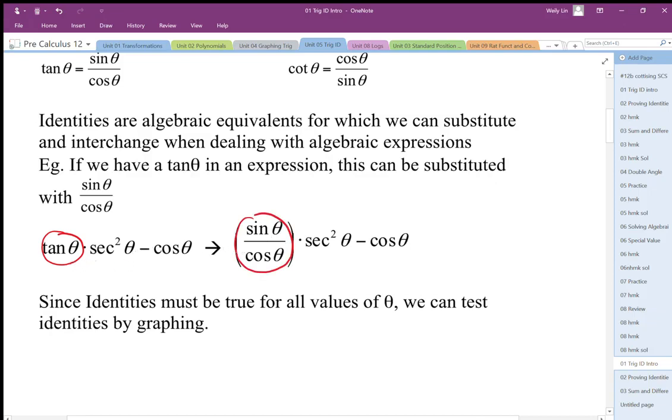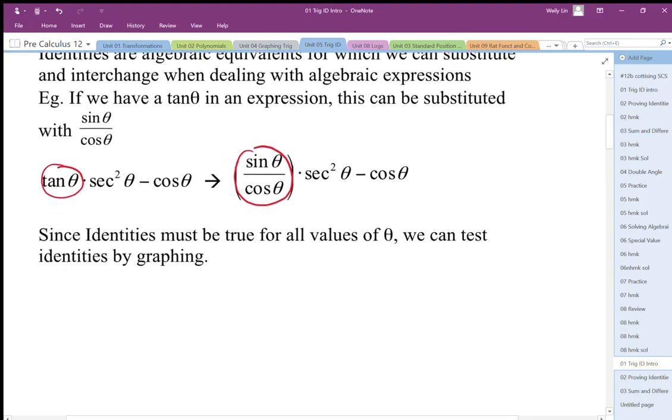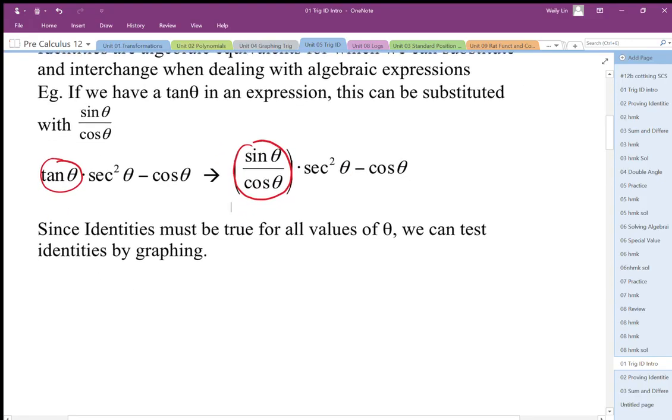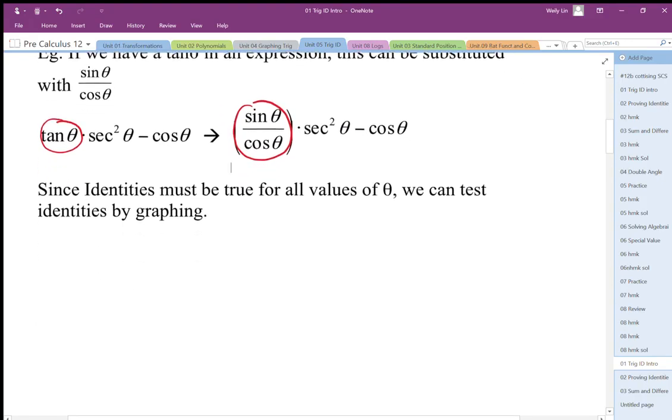This is one of the things we can do with identities, since these identities are always true, meaning that tan theta is always equal to sine over cos no matter what the angle is. We can test it with numbers, it doesn't matter. We can graph it. If I were to graph sine over cos, it's going to graph exactly right on top of the tan theta for all values of theta.